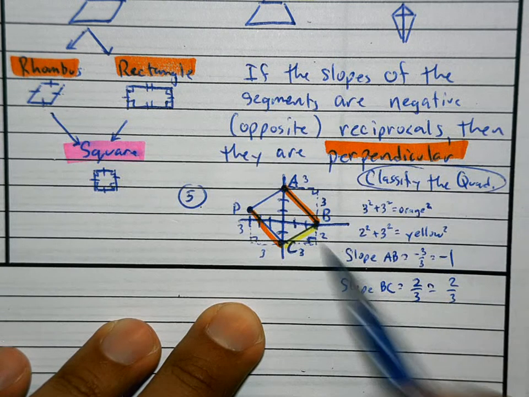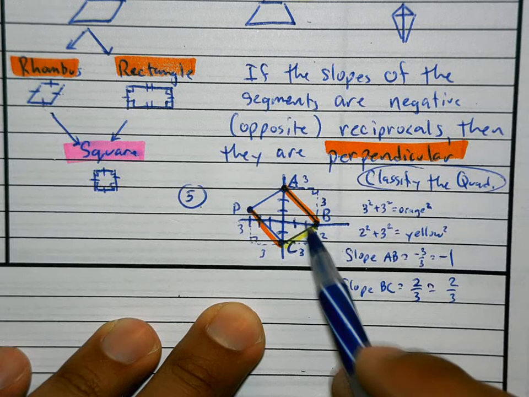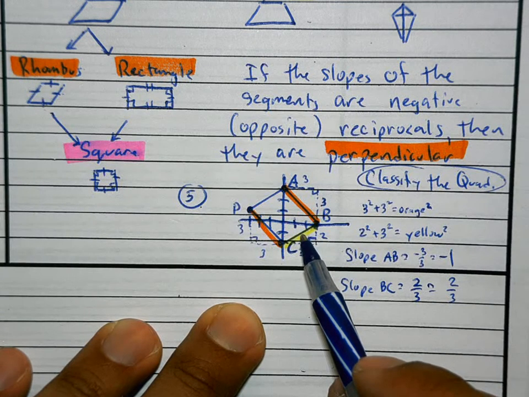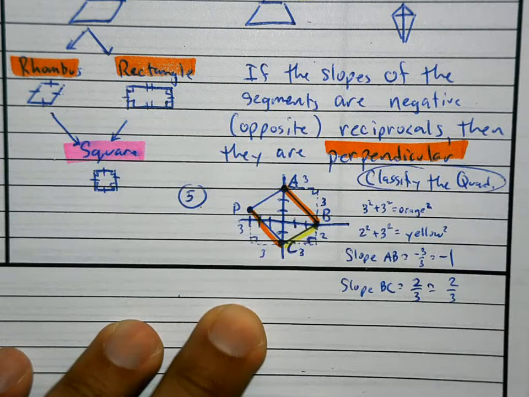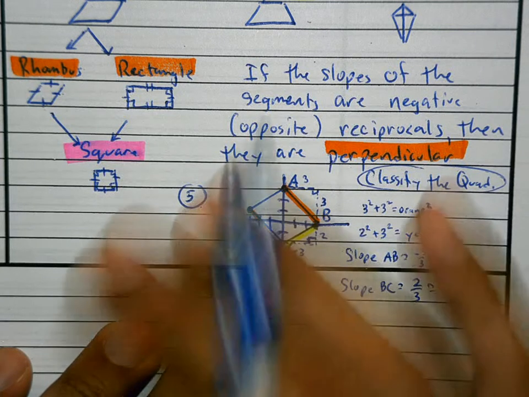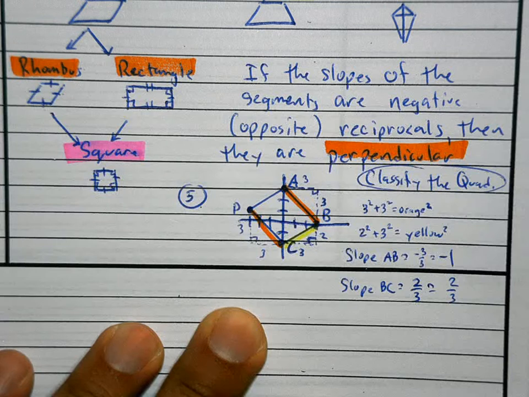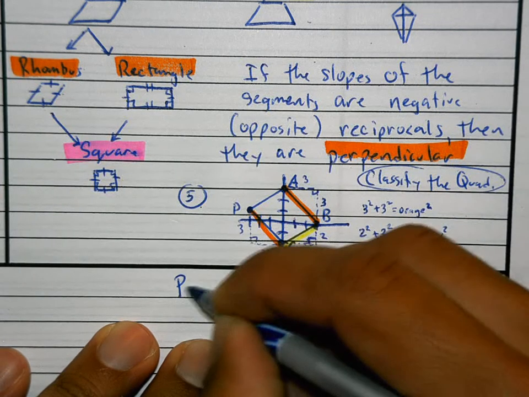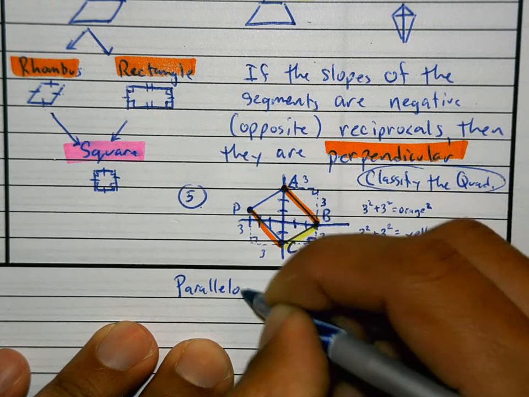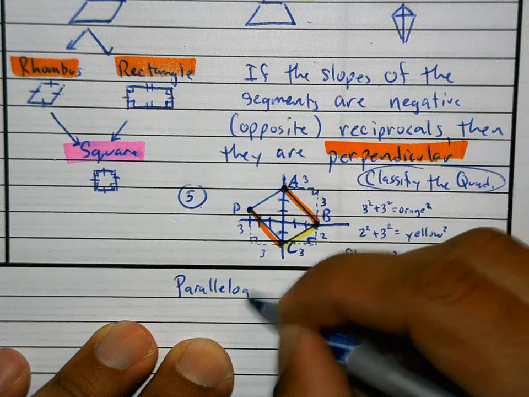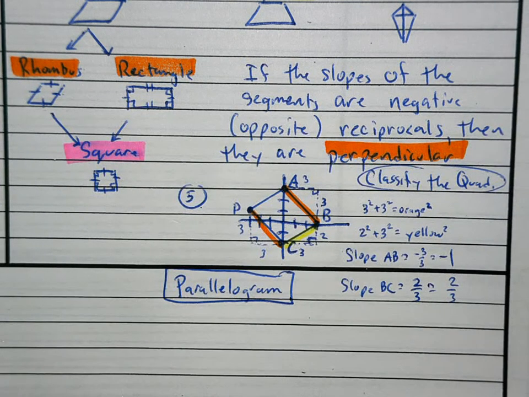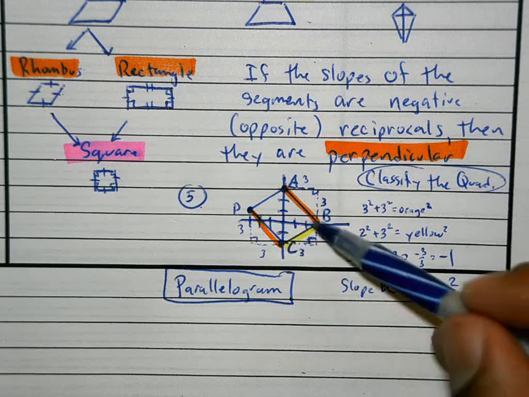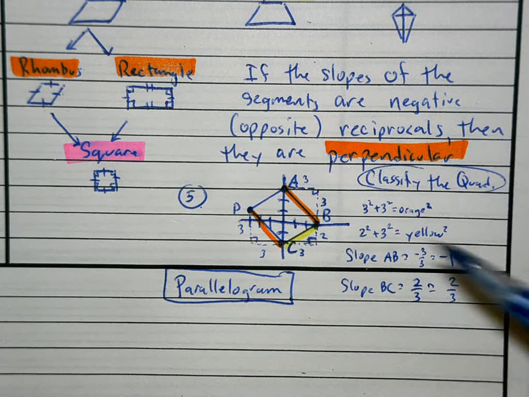So therefore, this is not a right angle. Because that's not a right angle, what shape does this have to be? What is the best name for this shape? If you said parallelogram, you are correct. It's not a right angle, and these sides are opposites, and they're the same.